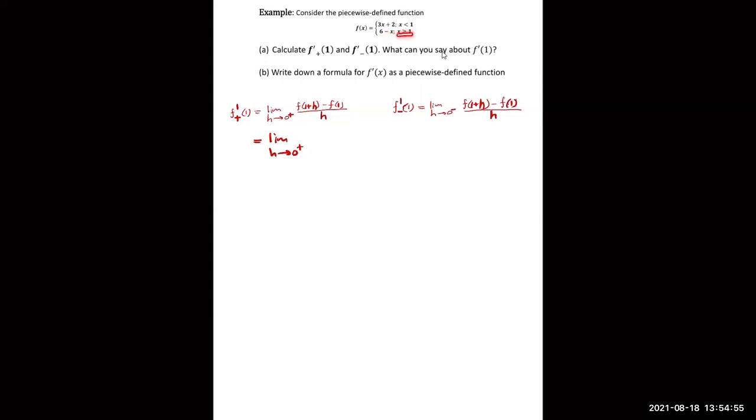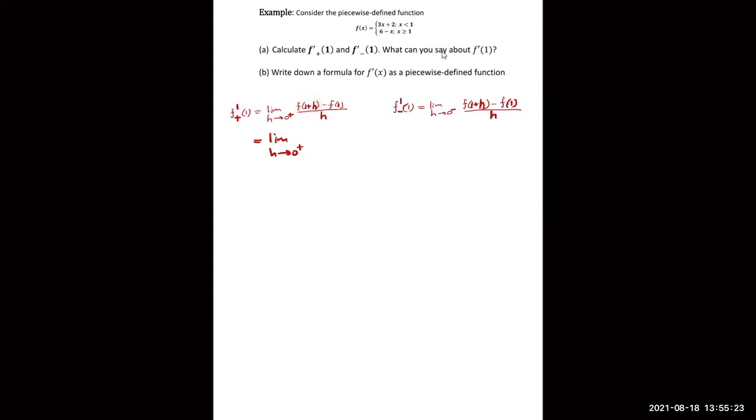When your input is bigger than or equal to 1, this is your function, 6 minus x. So this is the function that I need to use to compute f of 1 plus h, because this quantity is bigger than 1, since h approaches 0 from the right-hand side. So I'm going to use this piece of function to calculate f of 1 plus h.